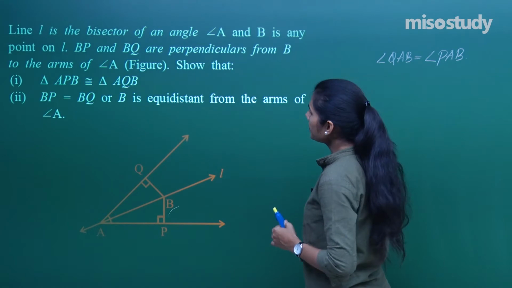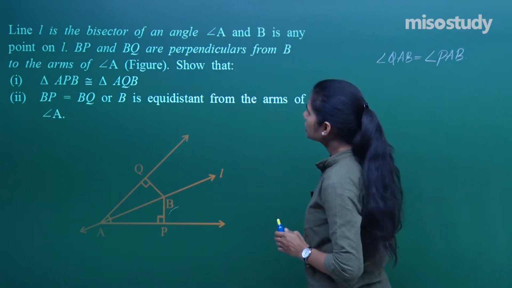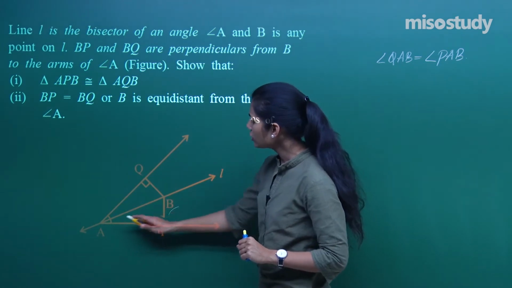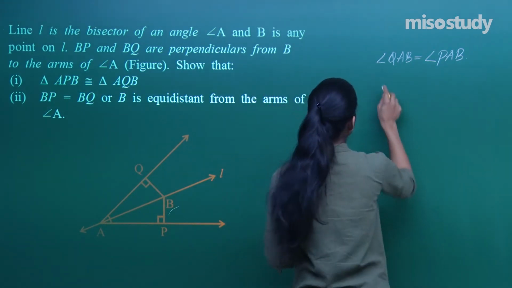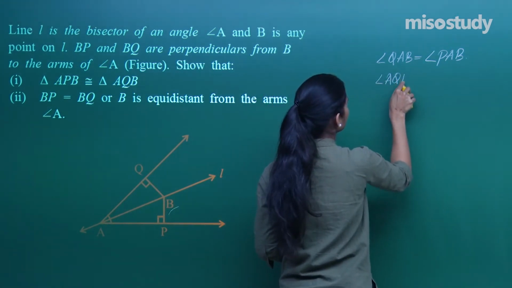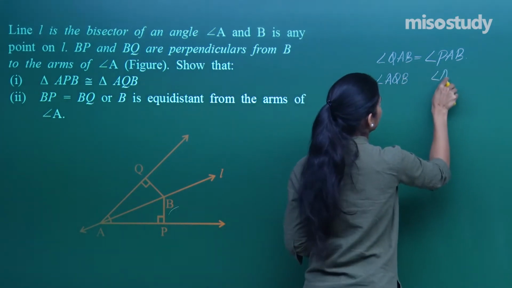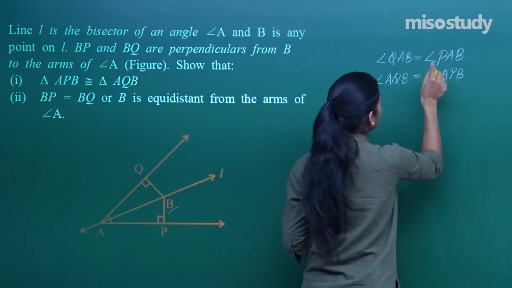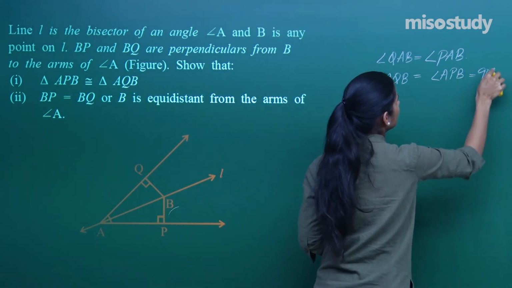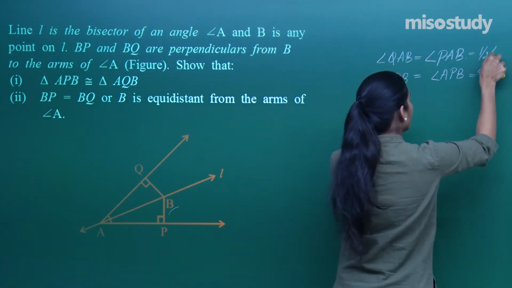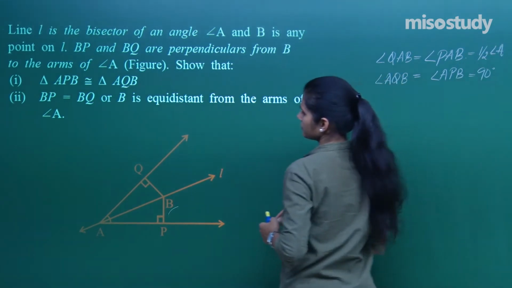Then it says BP and BQ are perpendiculars drawn from B to the arms of angle A. So this is perpendicular, so angle AQB is 90 and angle APB is also 90. Fine, and this is equal to half of angle A, right?